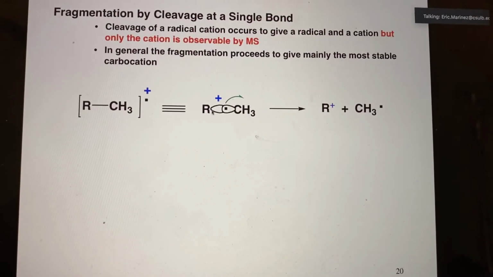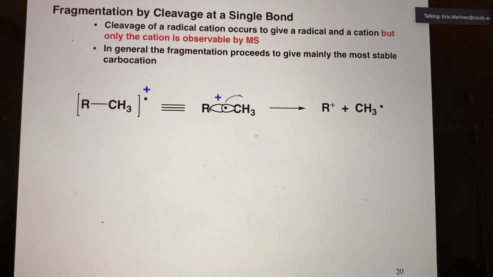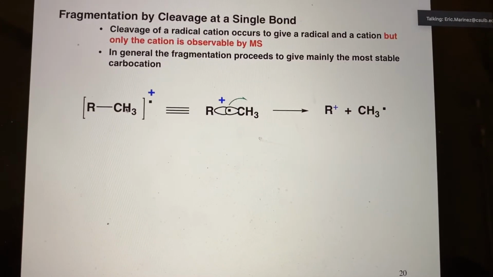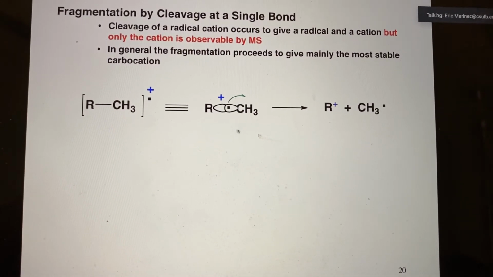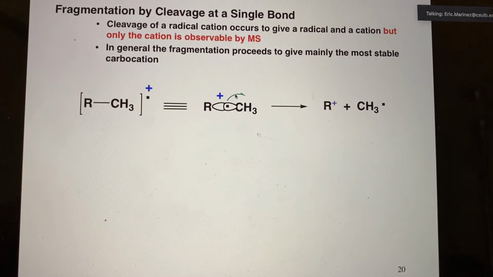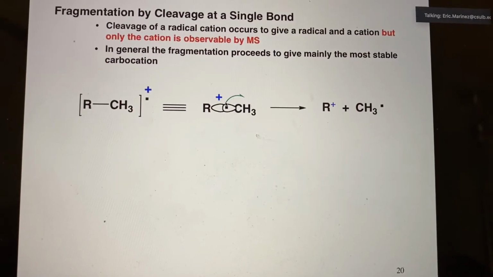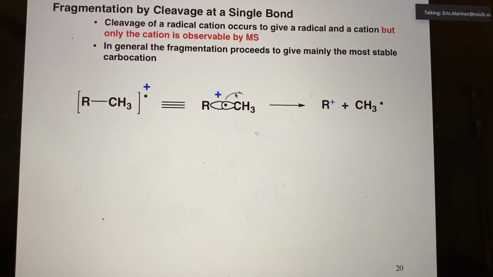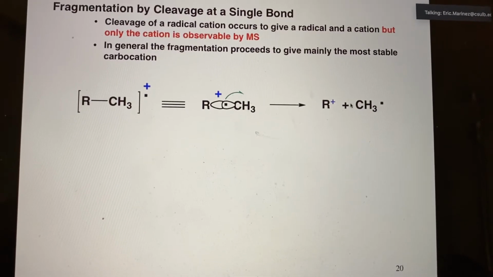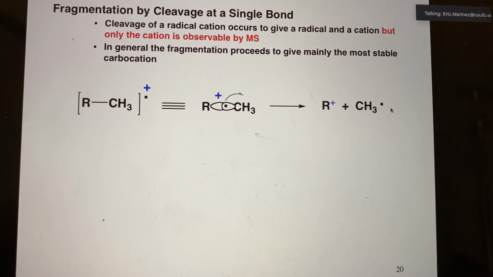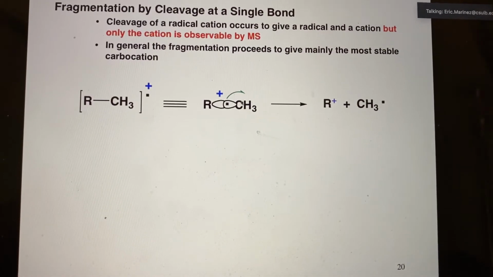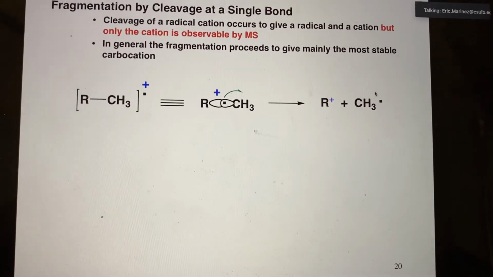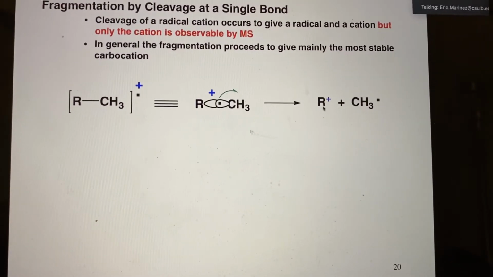Show the bond, because this is what your textbook is referring to, but in essence, we're doing this. Why is this better? Because now, if I push the arrow in this direction, I get a carbocation plus methyl dot. Obviously, I won't measure methyl dot, but I'll measure the carbocation.